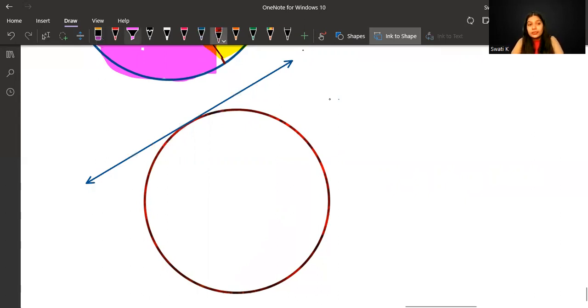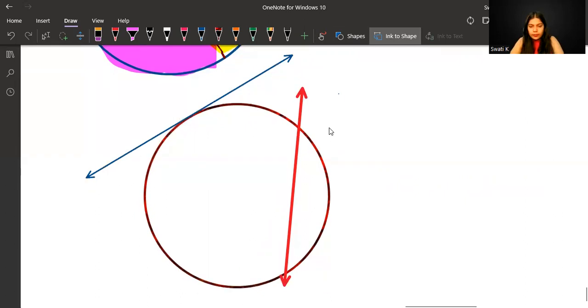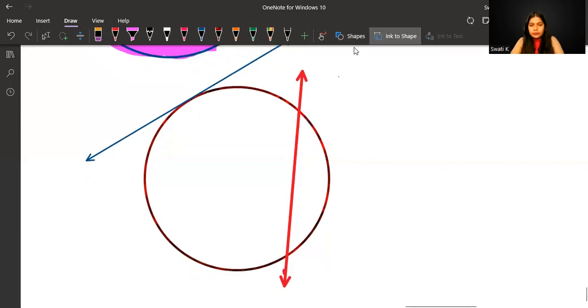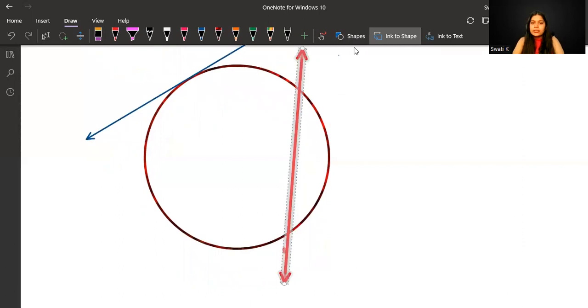There is another line that is passing through the circle like this. I just wanted to extend it a little bit. Yeah, perfect. So this is another line.